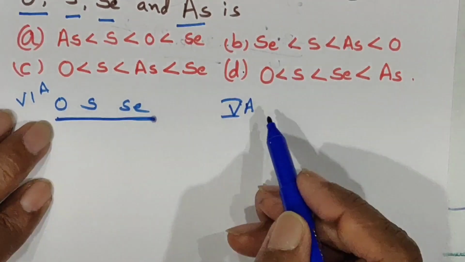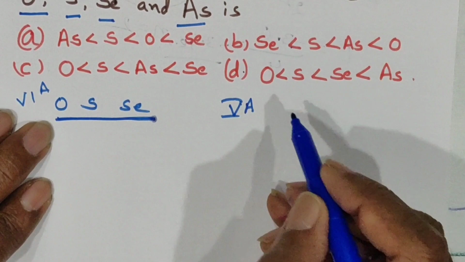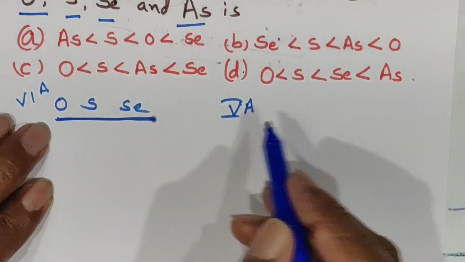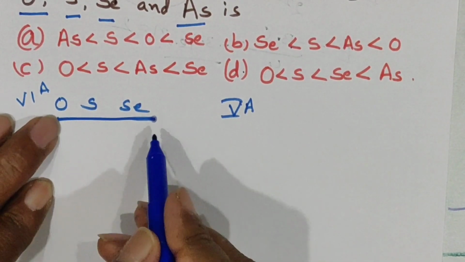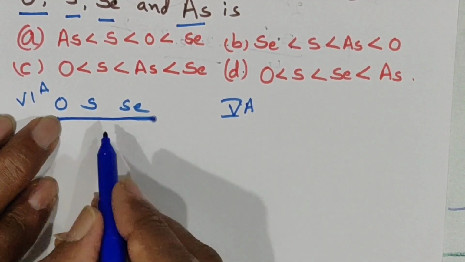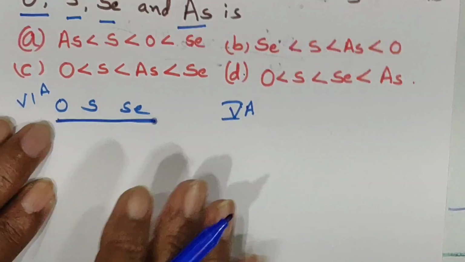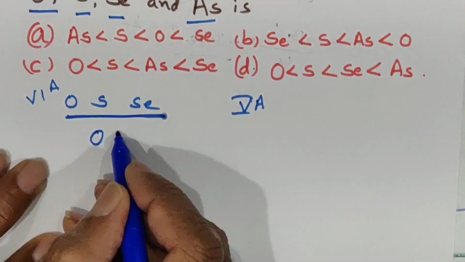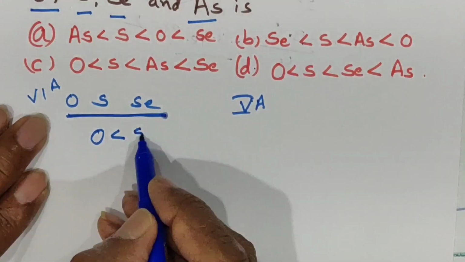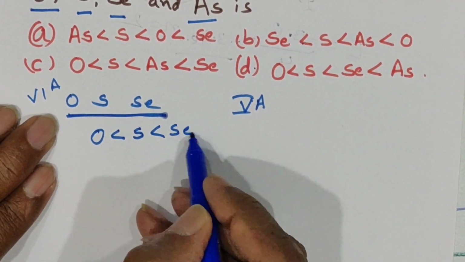Nitrogen family element. Right? So here nitrogen, phosphorus, arsenic, antimony, bismuth. Right? Now here, oxygen less than, because that is the first one. Next sulfur less than, next selenium less than.